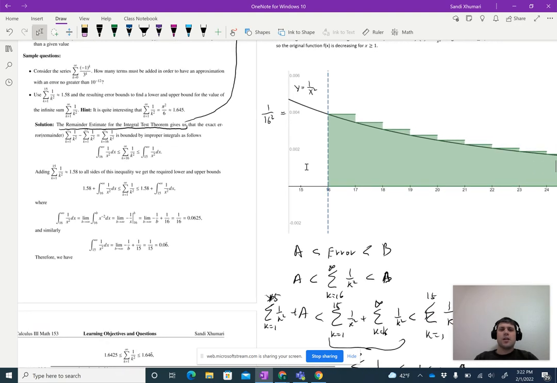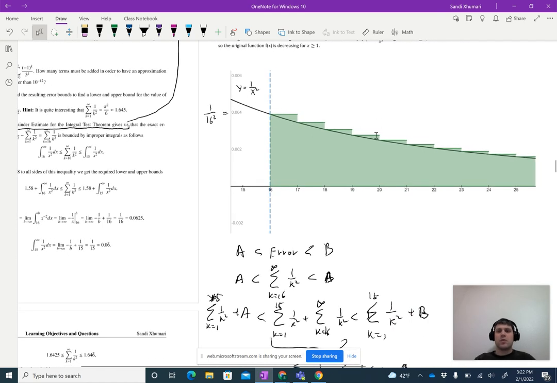The idea is that I can visualize this summation of 1 over k squared as a Riemann sum. So if we start at 16 and plug it into the function 1 over x squared, and we draw a rectangle with a base of 1, the area of that rectangle will be 1 over 16 squared, because that's the height, and the base is 1, so base times height is the area.